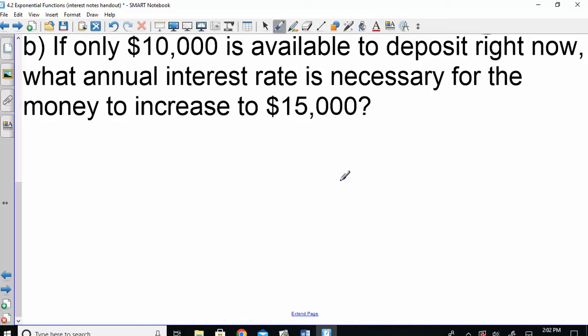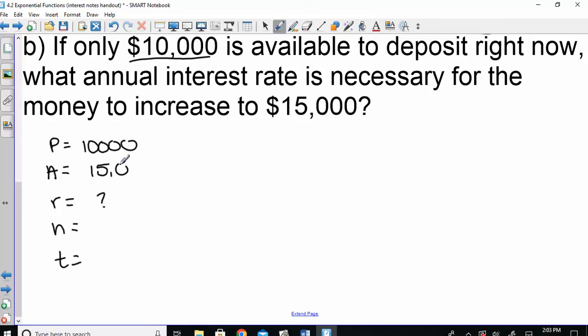Okay, so this one, I'm asking you to find the rate. So the 10,000, what's that? $10,000 is available right now. So that's my present value, or my P. What annual interest rate, so I don't know my rate, so that's my question mark, is necessary for the money to increase to 15,000?